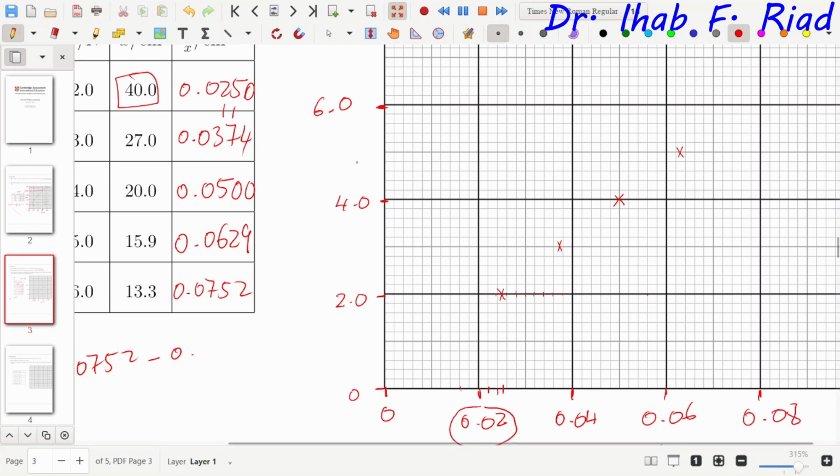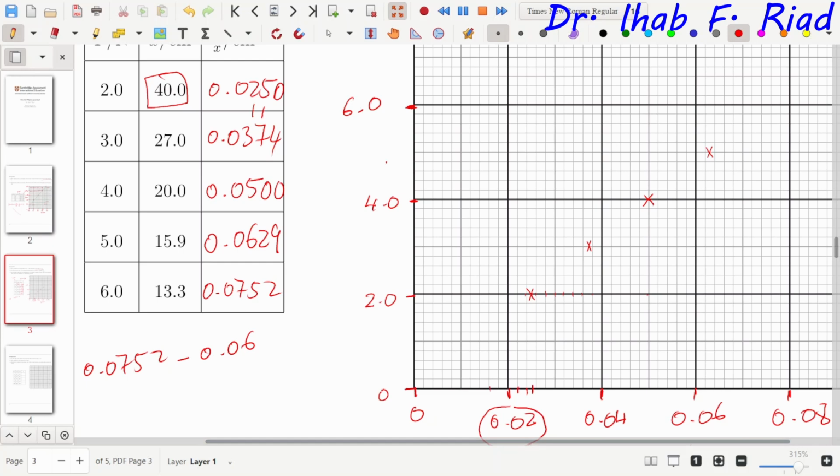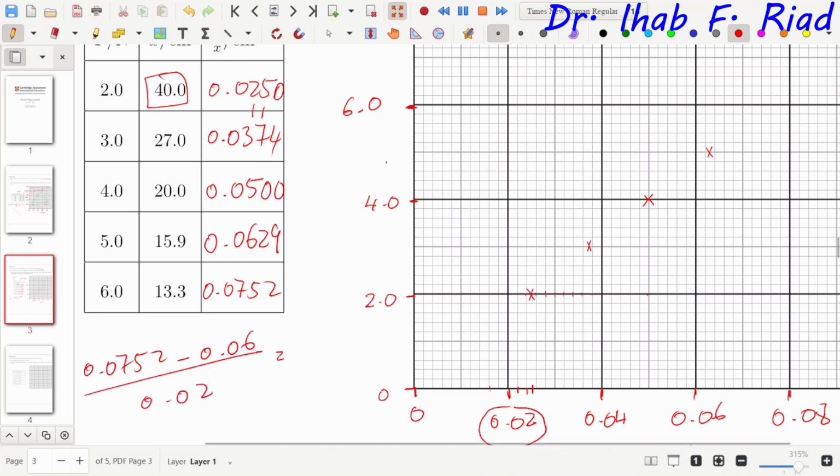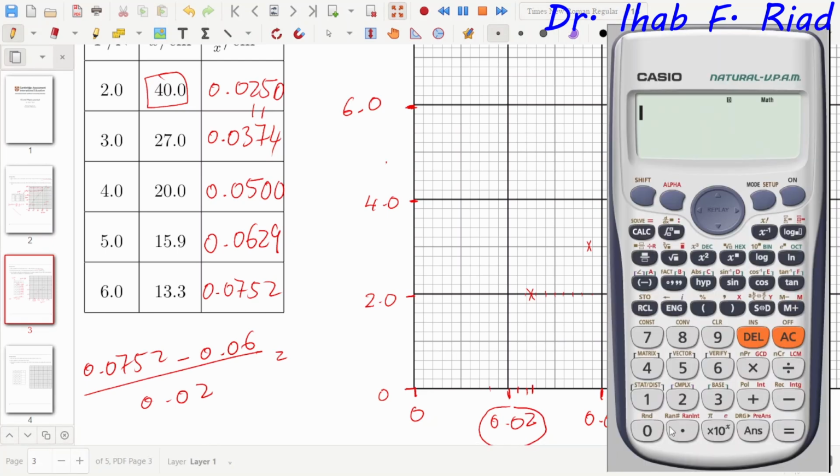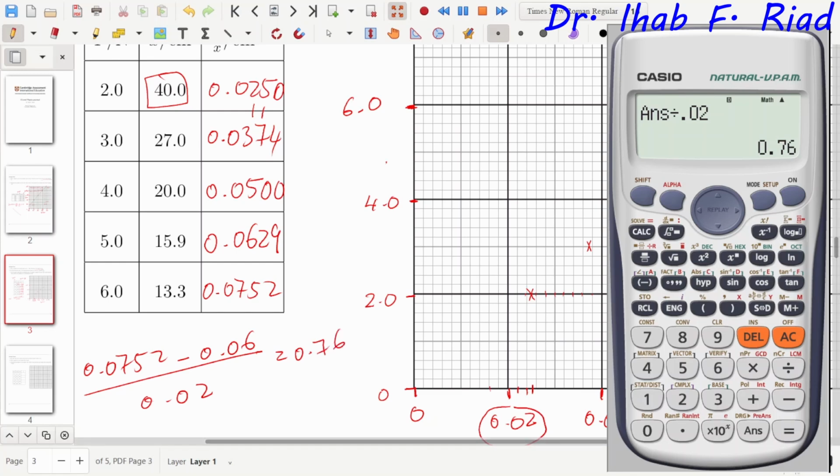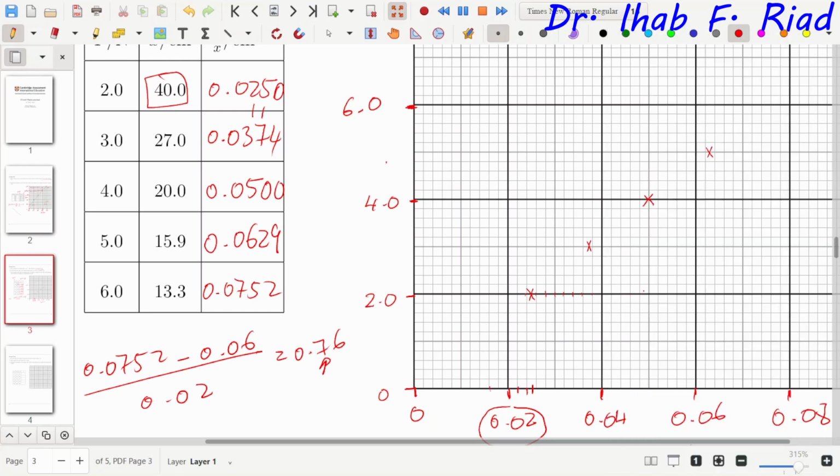So 0.0752 minus 0.06, divide by 0.02, equals 0.76. Okay, meaning what? 7 small squares on the x-axis, and it is closer to the 8th square than number 7.